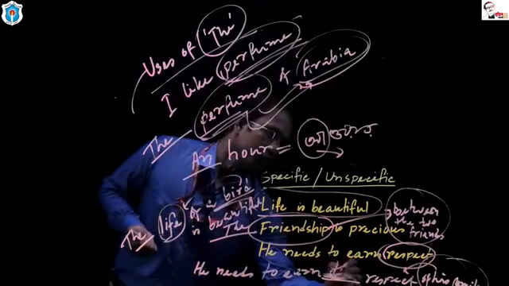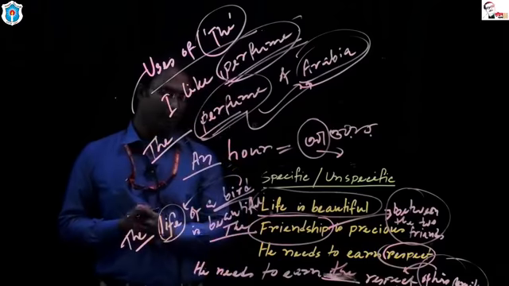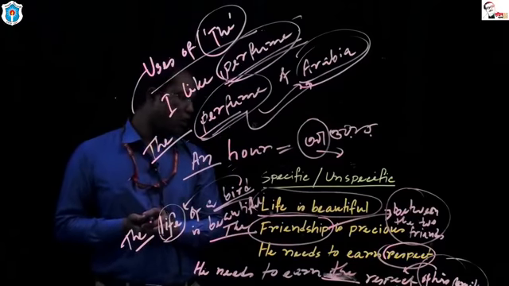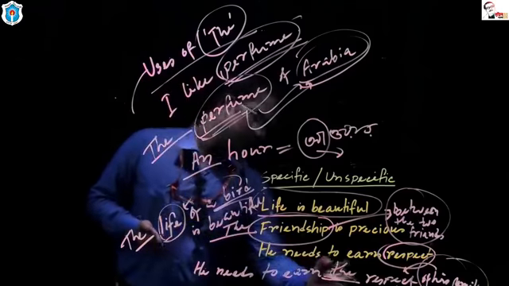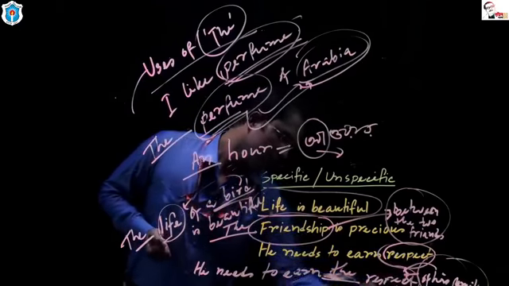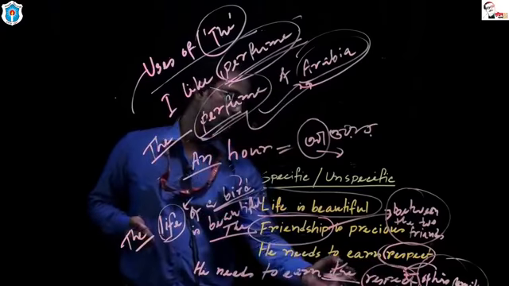That's why we have to use here the or the. He needs to earn the respect of his family, because this family has specified this word respect. Then we will use the.